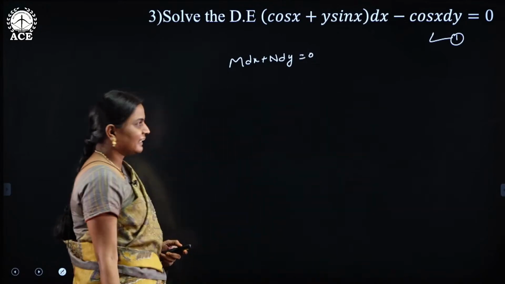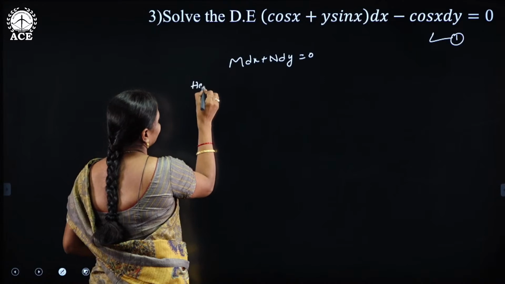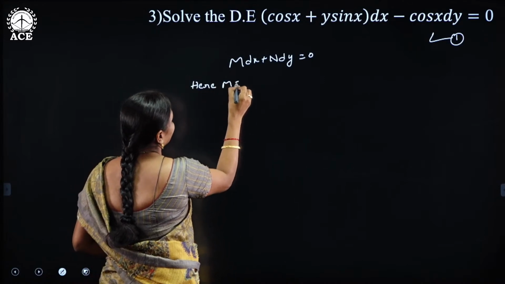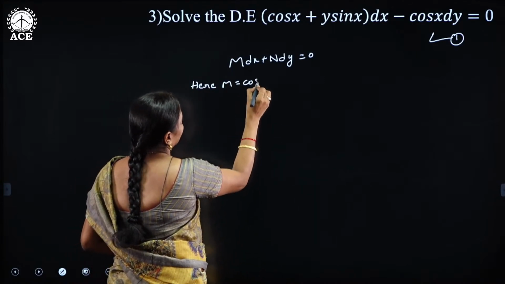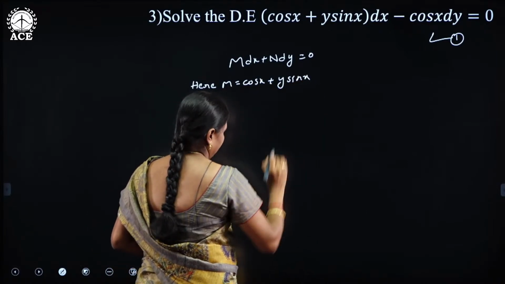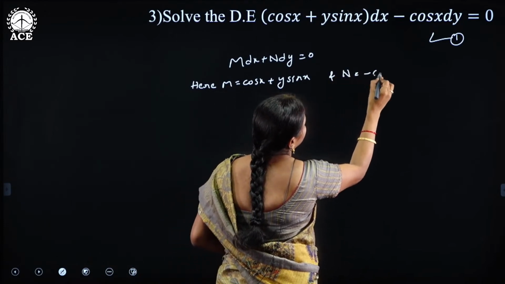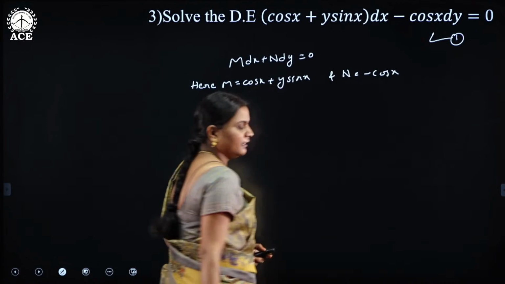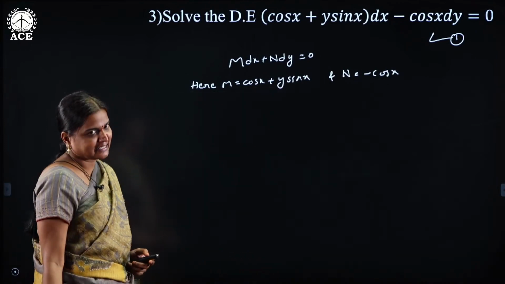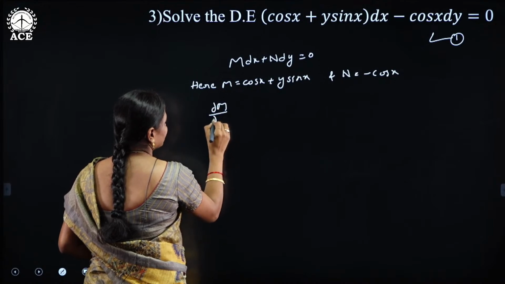Now compare the given differential equation with the standard form. Here, what is M? M is equal to cos x plus y into sin x and N is equal to minus cos x. To check the condition for exactness, partially differentiate M with respect to y.